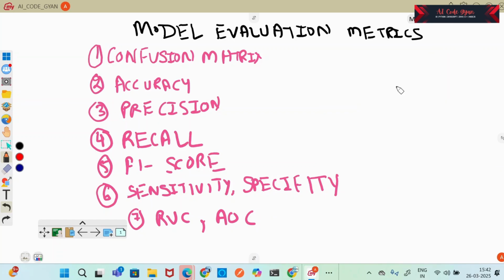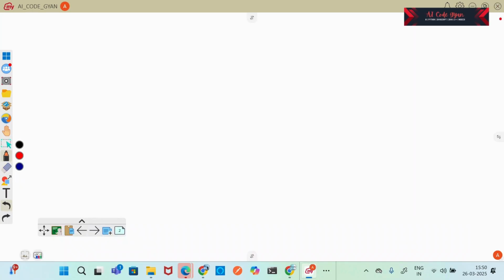Before the model evaluation metrics, let us start with the confusion matrix.